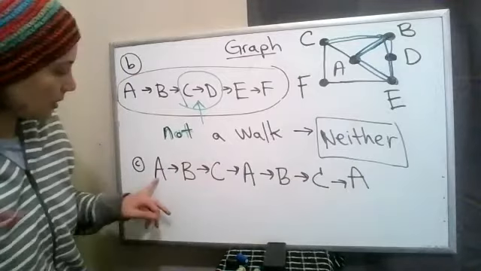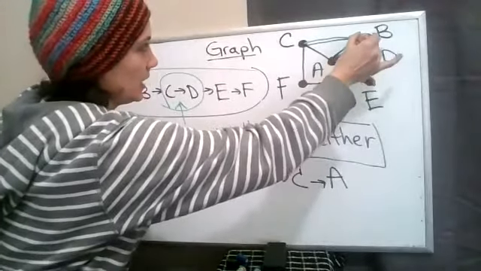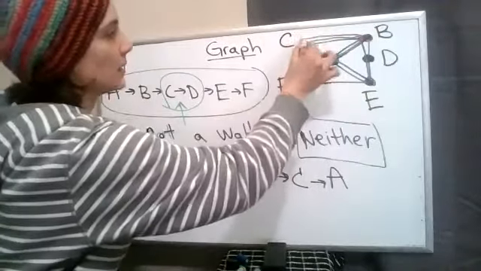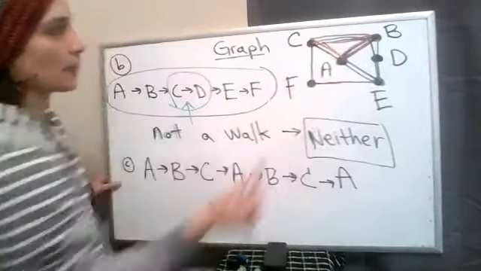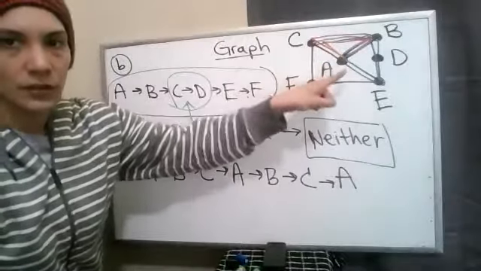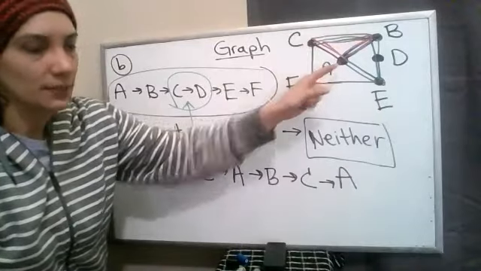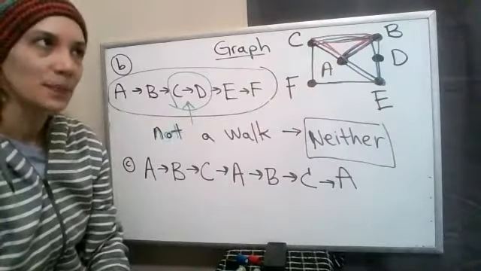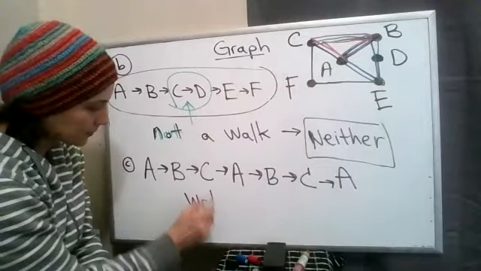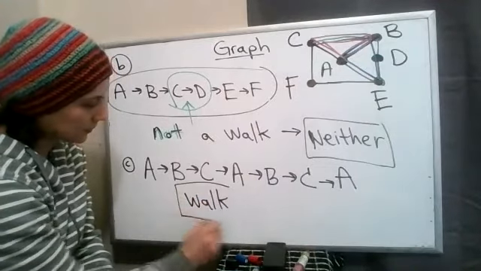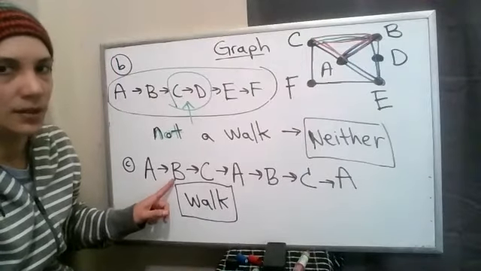So let's go to A, and then over to B, and then to C. Then it goes back to A, and to B, and to C, and to A. So you travel around that triangle 2 times, which means you use that edge twice, and that edge twice, and that edge twice. So it's not a path, but it is a walk, because every vertex was connected to the next one by an edge.